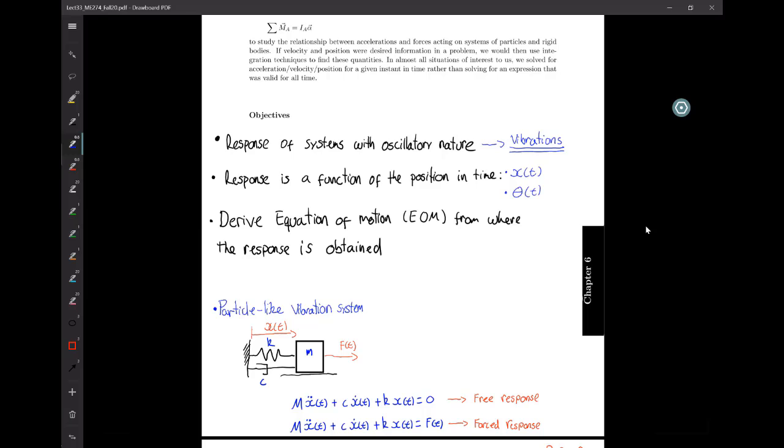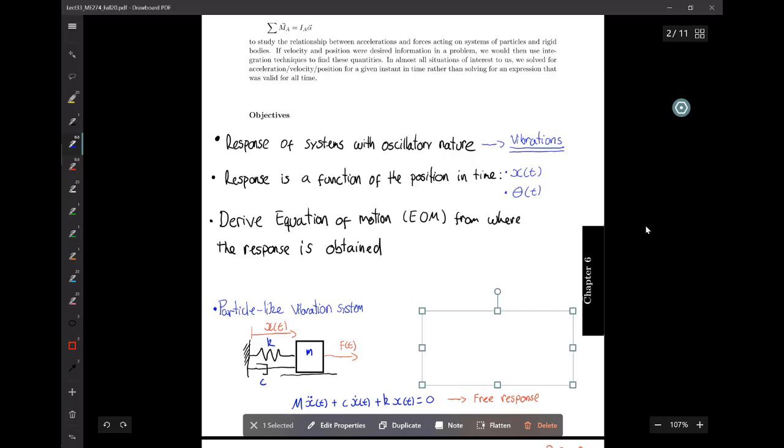It's just that K is inductance, C is resistance, and M is capacitance. It's the same. Now, if you learn it in circuits, don't learn again how to solve it. Just see the terms for what they are and interpret what they mean.